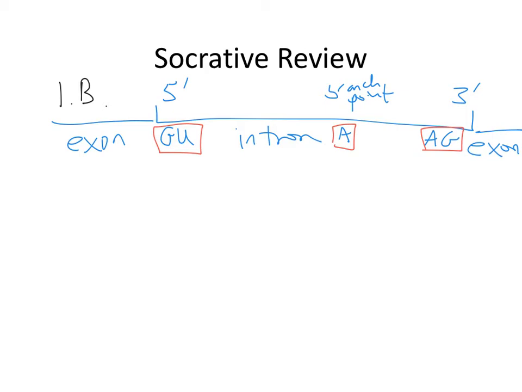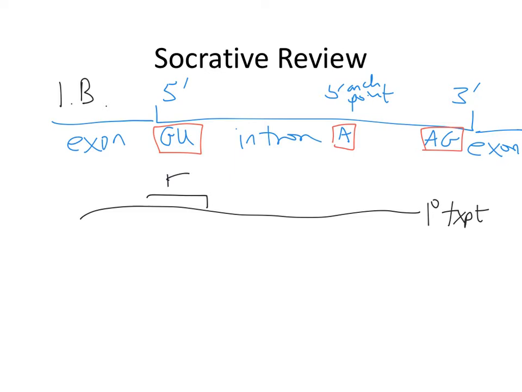You said that these splice sites are only on the introns. Would it also be on the primary transcript too? That is correct. Because that's the primary transcript. And that's why we've got people who chose choice D. It's two different meanings. So, important point. Thank you for pointing that out. So the primary transcript contains all of the introns. Hence, all of those GUs, A's, AGs are still there.